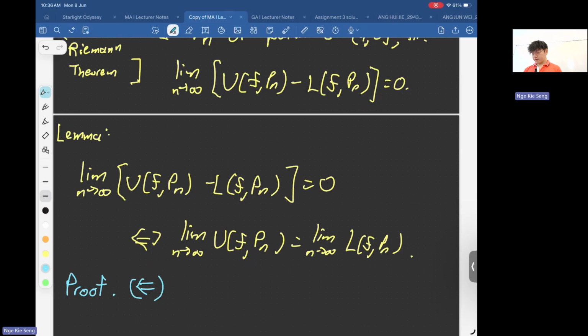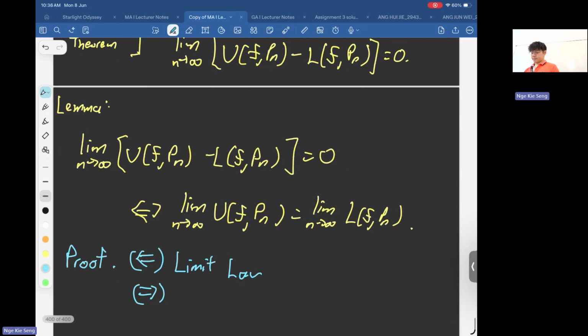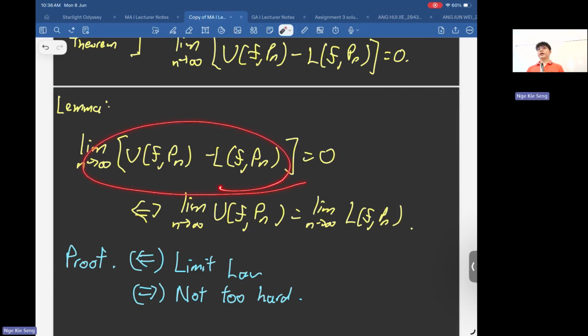From right to left is just limit law. From left to right, it's not too hard. It's just a limit exercise. You just write down what this means, and then try to establish this. Their limit is the same.